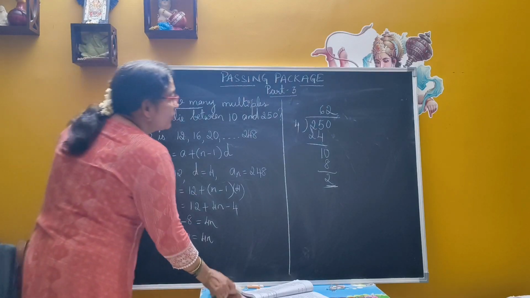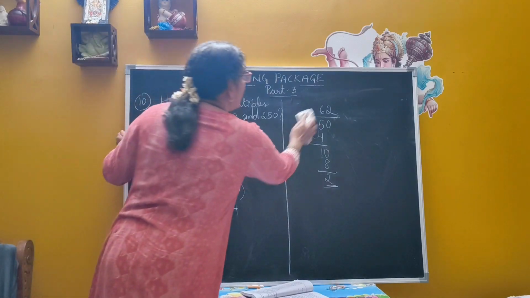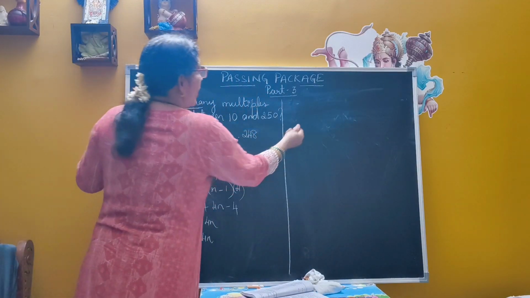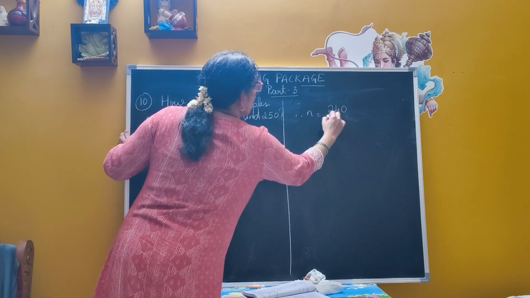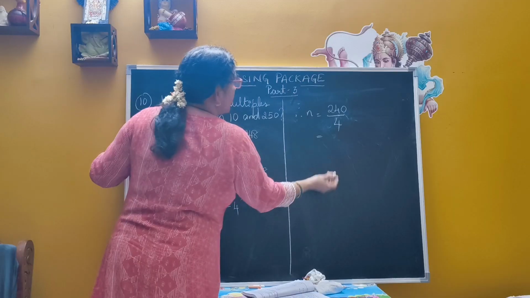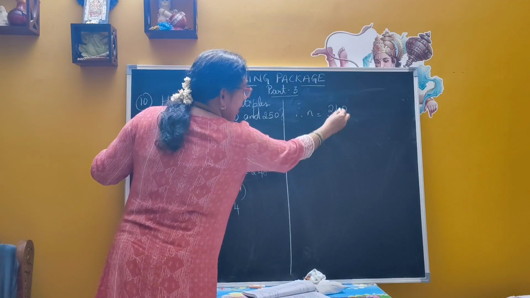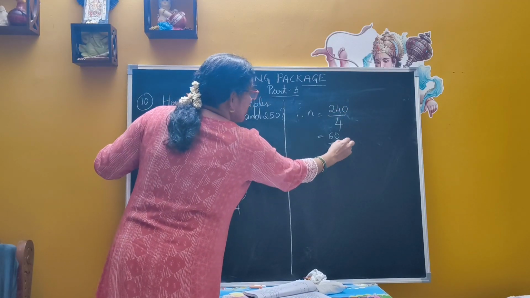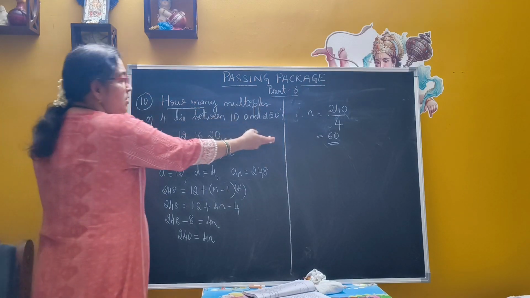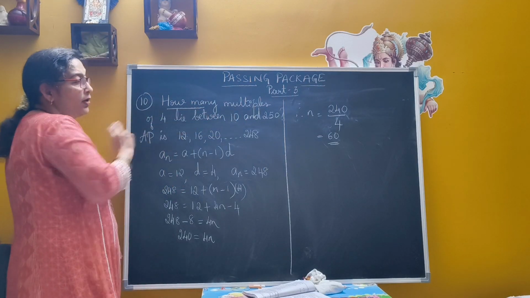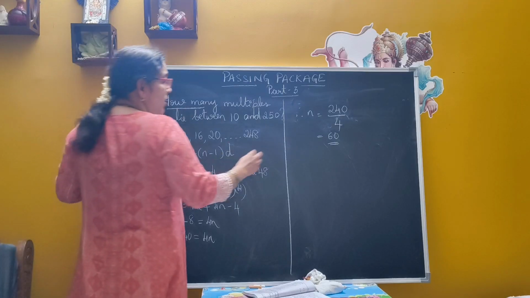So what is the value of n? It is 240 divided by 4, which is 4 6s are 24 and 0. So 60. So the n value is 60. So what do you conclude? There are 60 multiples of 4 that lie between 10 and 250.